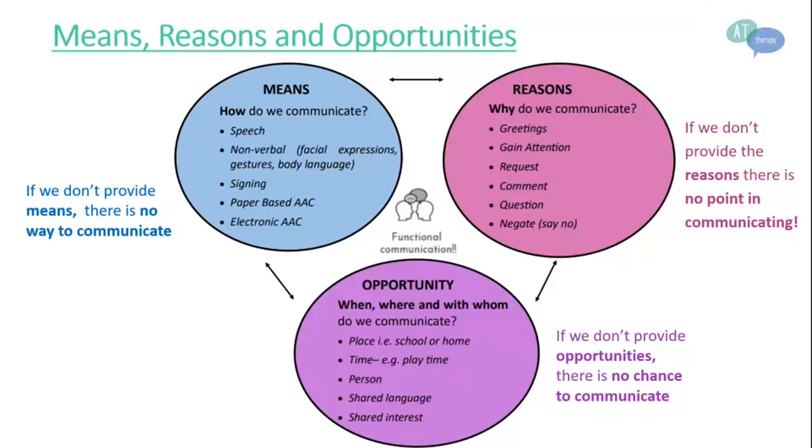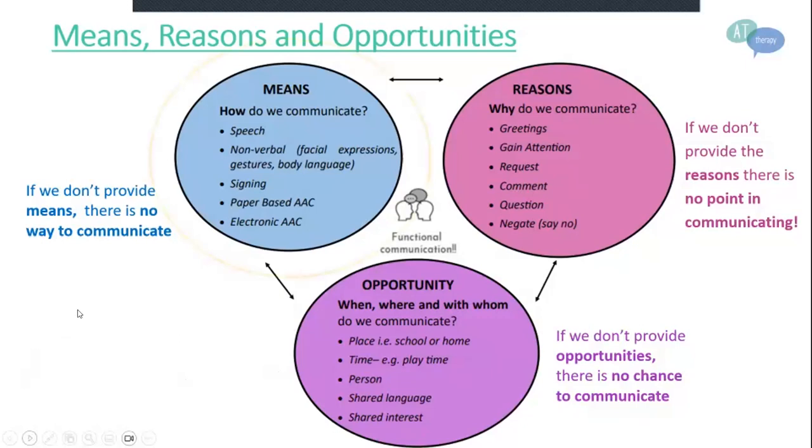So there might be one key communicative partner, but we might have hopefully more than that. And we're thinking there about that whole context of who to communicate with. And if we don't have the opportunities, then there's no chance to communicate. So today we're talking about the means. So that's the how of communicating.